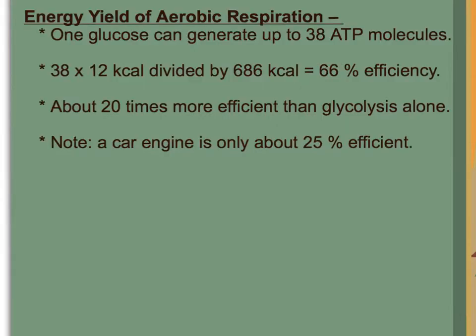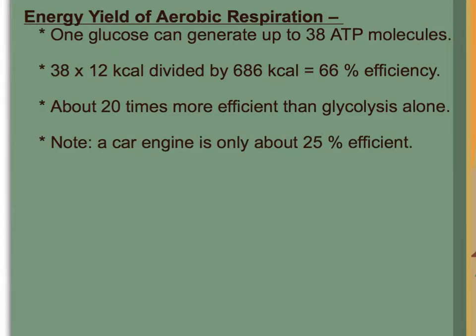To put that in perspective, the energy that is yielded in aerobic respiration, going from glycolysis to Krebs cycle to oxidative phosphorylation, one glucose can generate up to 38 ATP molecules.